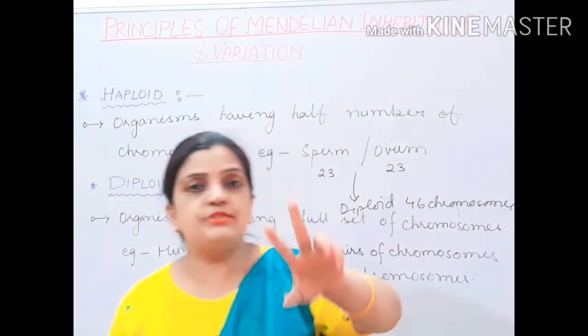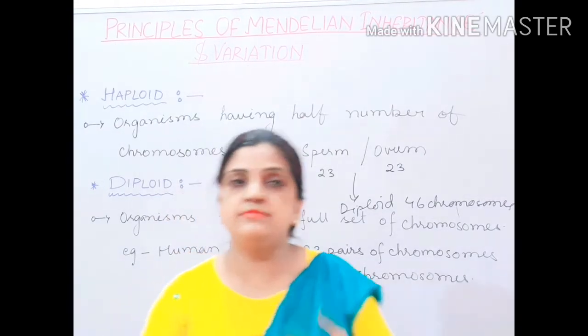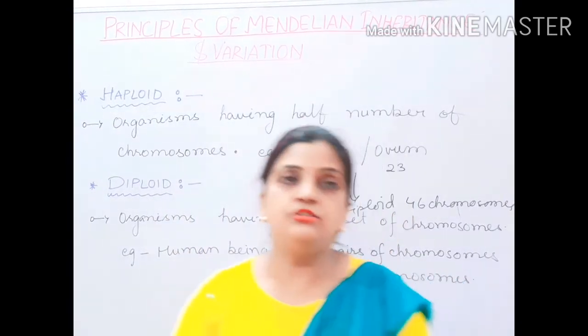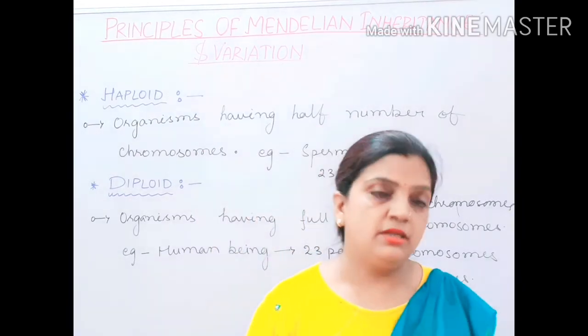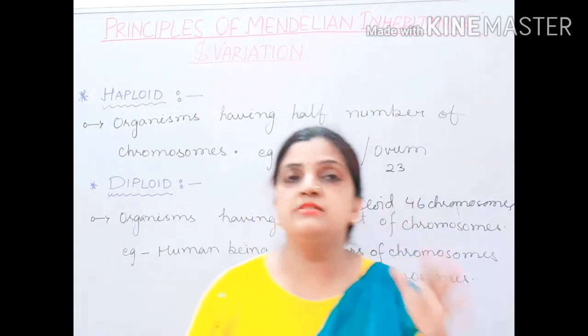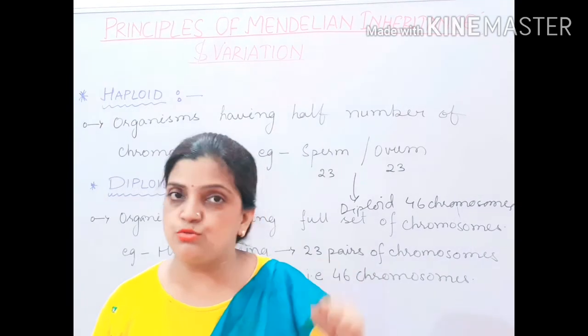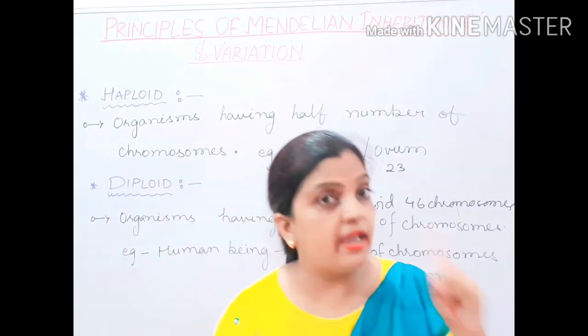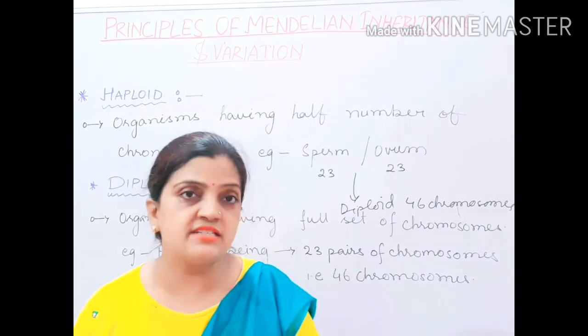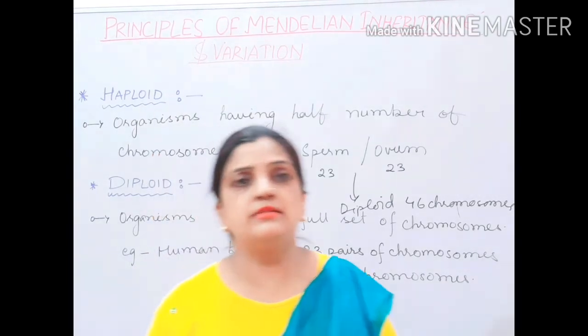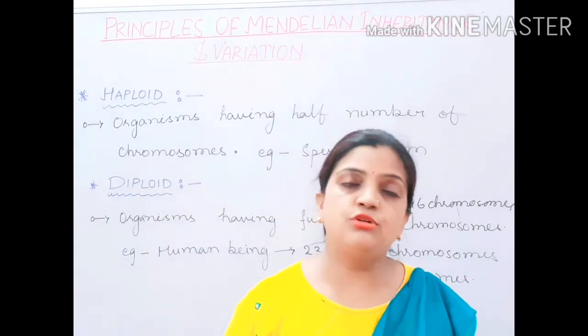Now children, as in this chapter we are going to discuss the principles of Mendelian inheritance, we will be talking about two organisms, your pea plant and Drosophila. The pea plant has 7 pairs of chromosomes, which means 14 chromosomes are present in pea. Similarly in Drosophila, 8 chromosomes are present.